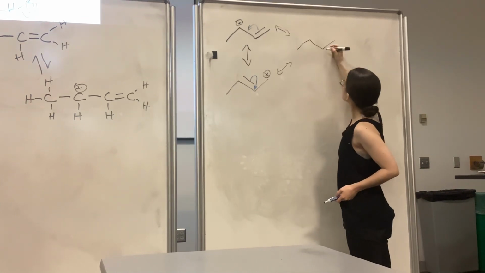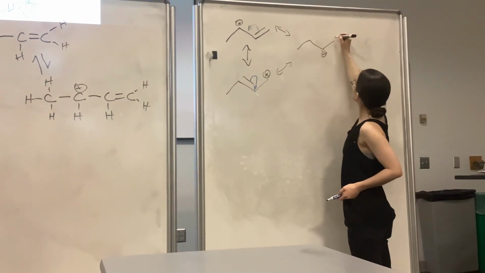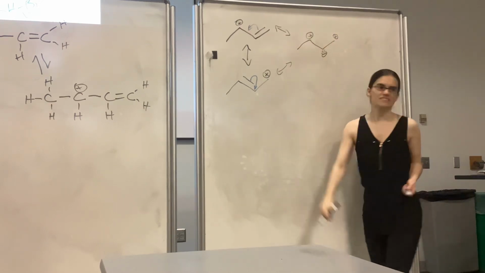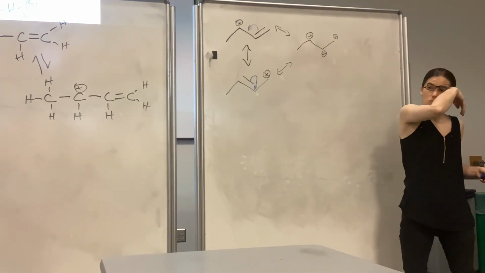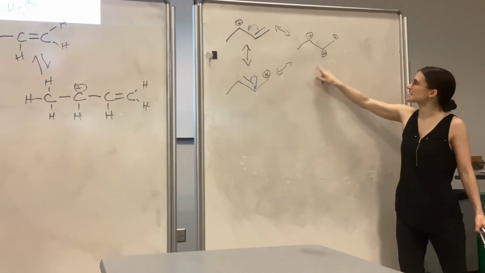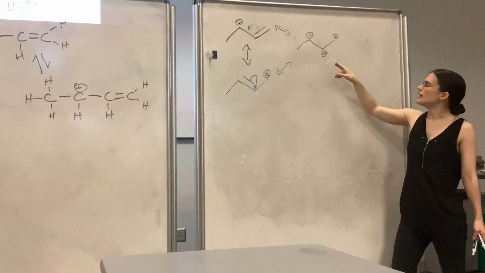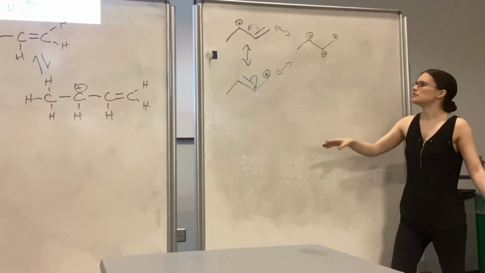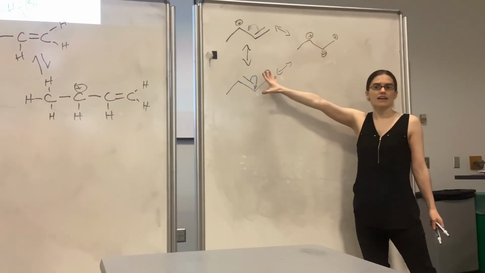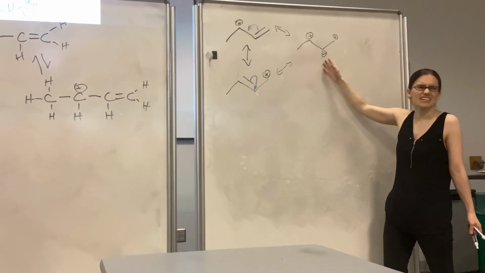And do that, right? So this guy is going to have a partial negative charge, no matter where he is on here, partial negative, right? Because overall we've got a cation, so more negative than the other ones.